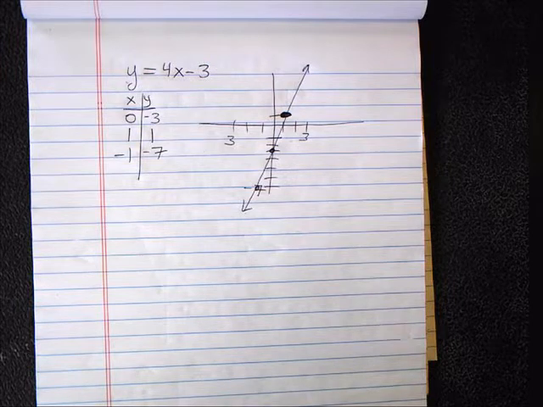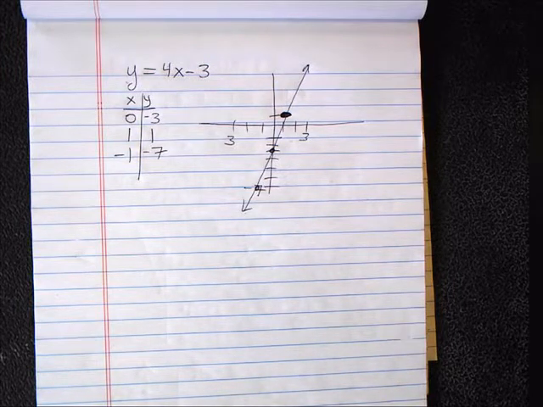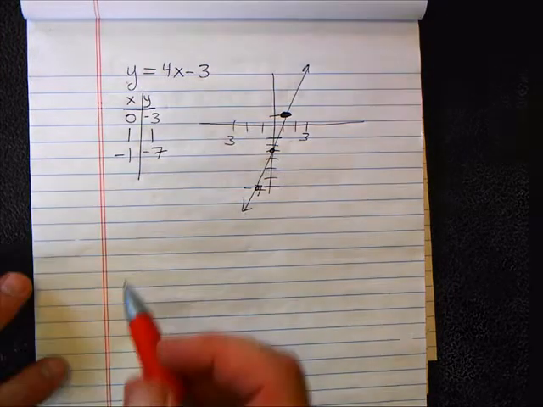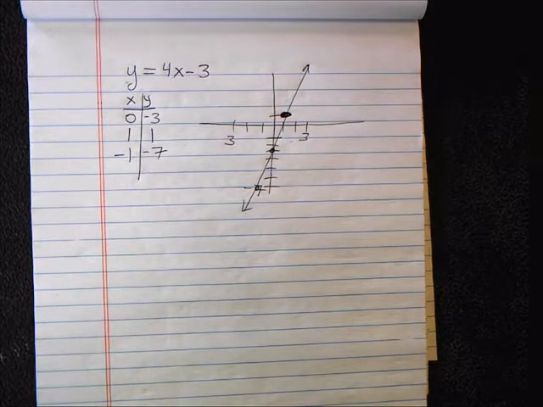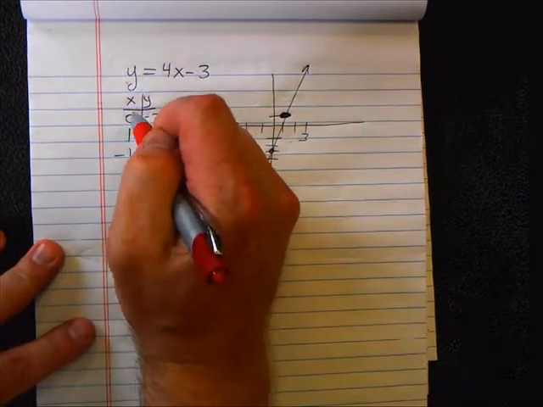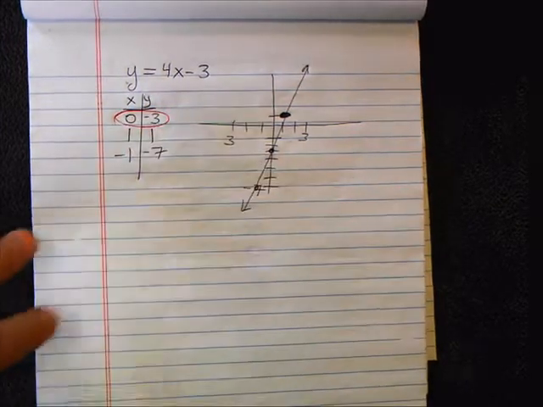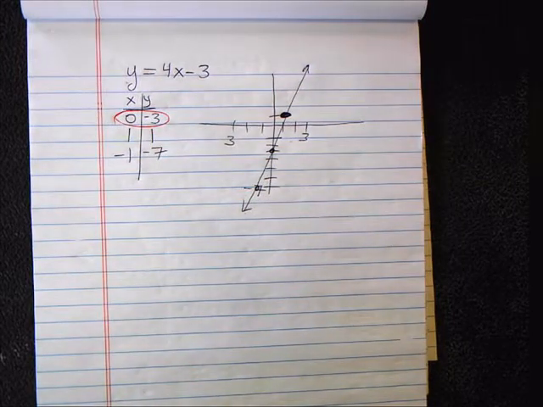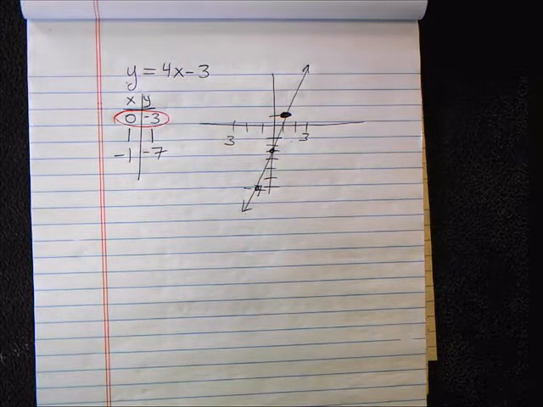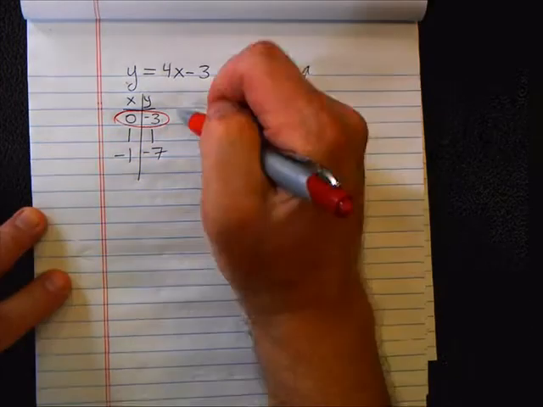But here are some important things. Notice that we found our y-intercept. Our y-intercept is (0, negative 3). And notice that that y-intercept has something important to do with the equation. Negative 3 in the equation, that last number.